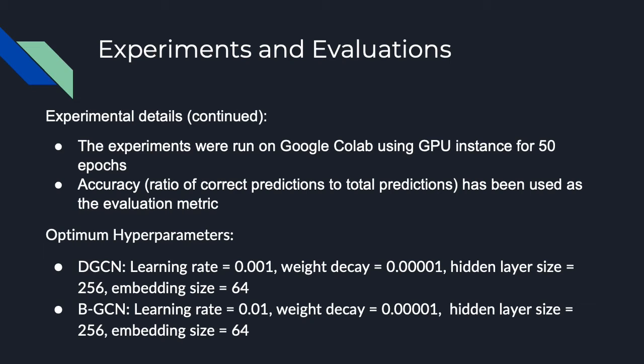Models were trained over 50 epochs and evaluated based on their accuracy metrics. For the baseline DGCN model, the optimal learning rate was 0.001, whereas for our implementation, the BGCN, the learning rate was 0.01 to return the optimal results.